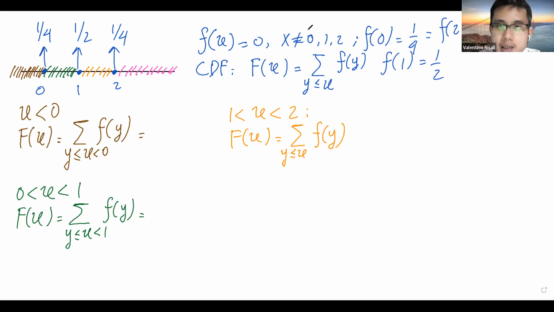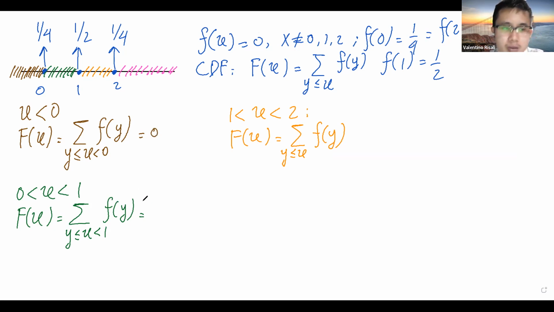Yeah, right, 0. Could you explain this, Owen? Why do we get 0? Because y is less than 0, right? And we see from the definition that f(x) is 0 for x not 0, 1, and 2, right?